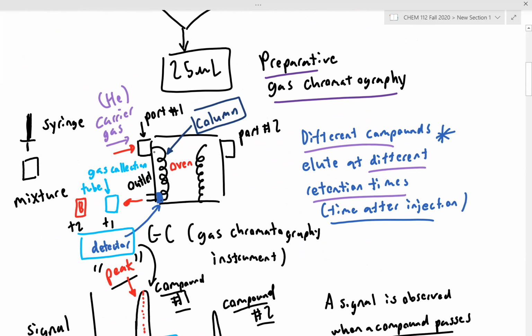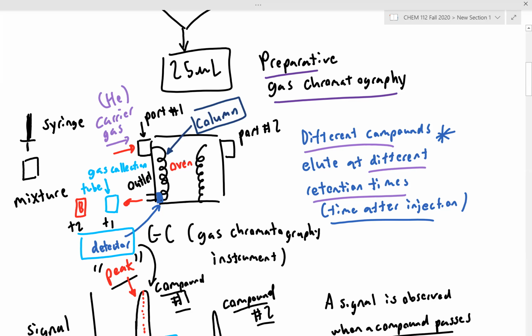The sample then passes through a column that is maintained at a specific temperature in our oven. Now, as our compounds pass through our column, the key feature for chromatography is that different compounds elute at different retention times based on their intermolecular interactions with the column and our stationary phase.